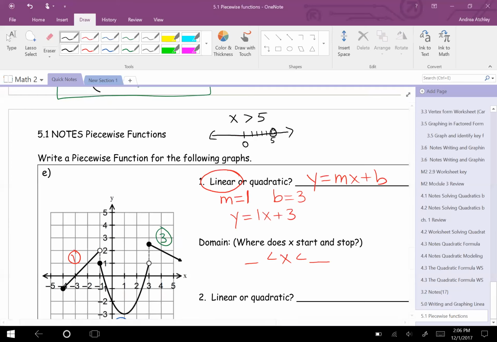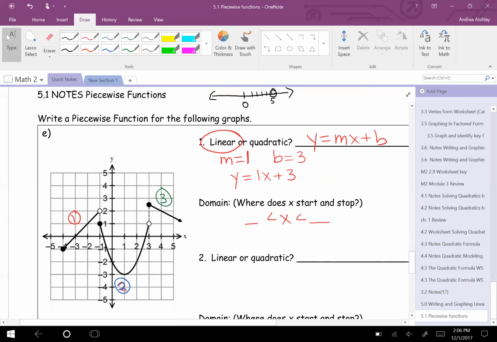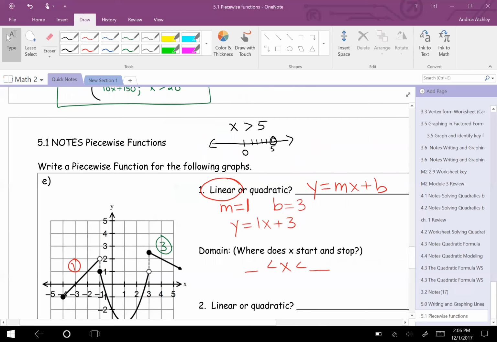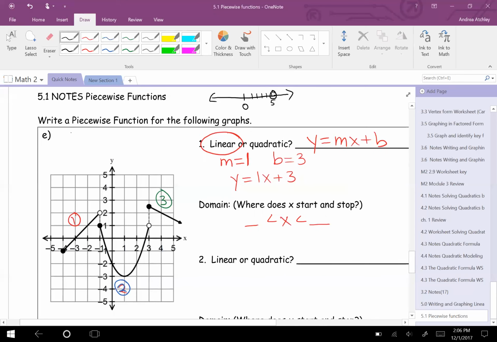Okay, if you notice on my graph, I have open circles and closed circles here. Okay, so that's why it's open and closed circles. Because back to this, it's an inequality. So let's just review. Greater than and less than are open circles because they cannot equal that number. They get really close to that number, but they cannot equal it.